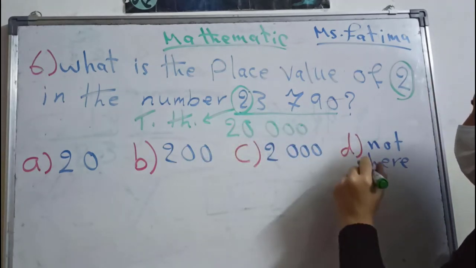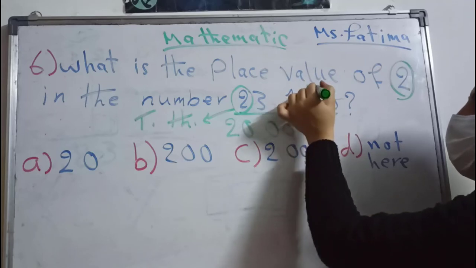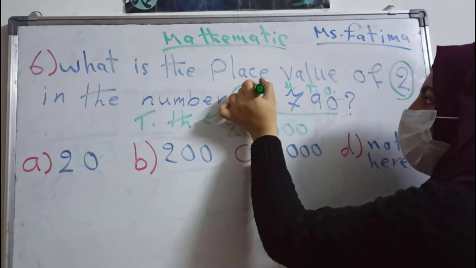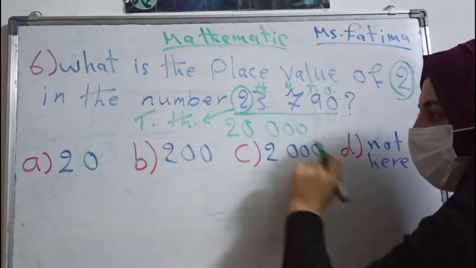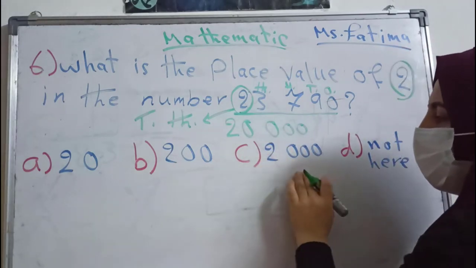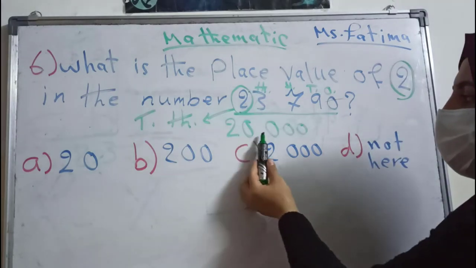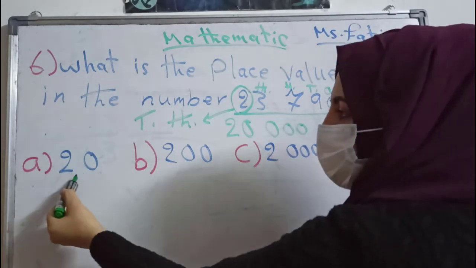Why is it in tens of 1,000? We have 9 in tens, 7 in hundreds, and we have 3 in 1,000. Then it's in tens of 1,000. Let's compare this number with the answers, and we find which one is the correct answer. We have 20,000 in here. In A, write only 20.